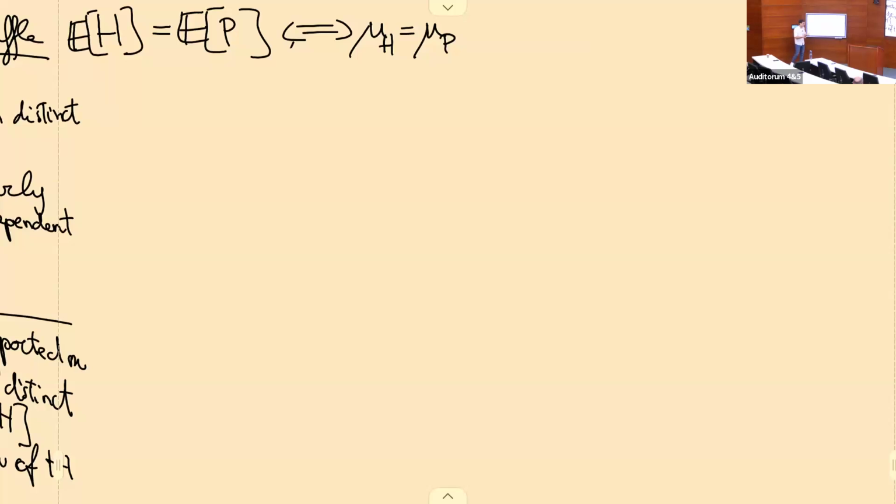So the expected signature is a powerful object that can be used to represent stochastic processes, essentially. That statement needs a lot of refinement and a lot of assumptions. There are many nice theorems and results that have been obtained recently. For example, a generalization of this statement is in Chevyrev and Oberhauser.